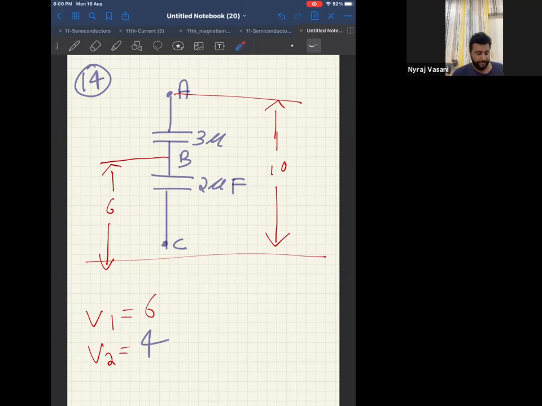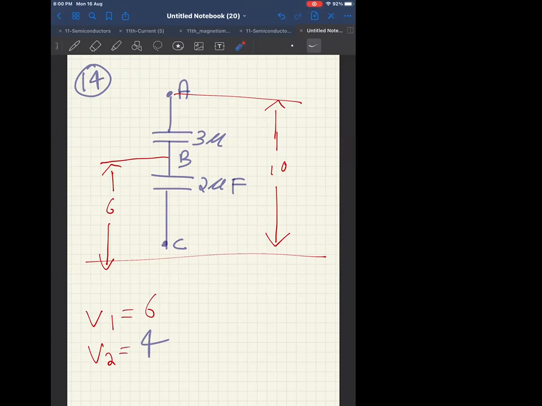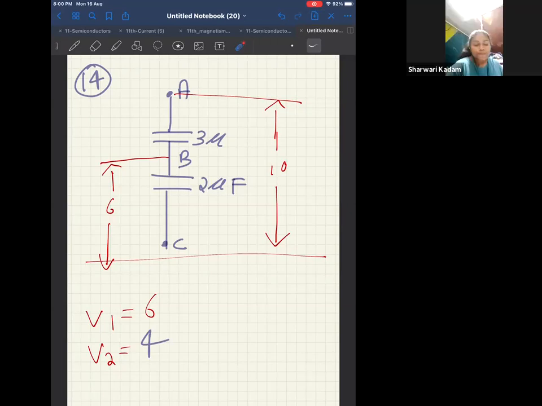Answer will be D. Tell me if you're getting it now. Because now if I get V1 and V2, now you know C1 and C2. You know C, you know V. Then can you get energy respectively using the formula half CV square? Tell me if you're getting the answer as D. Yes, sir.